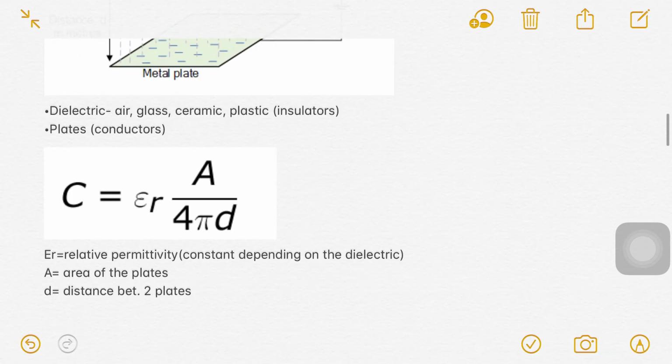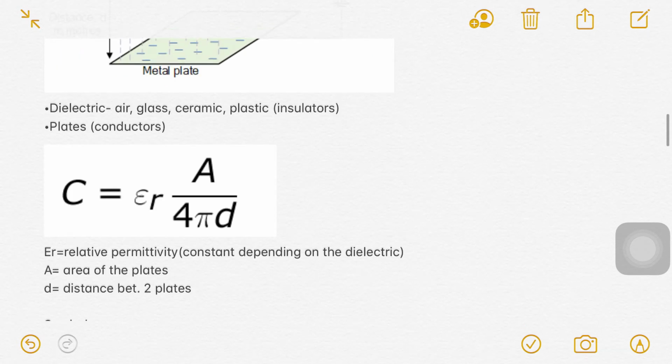Yung epsilon, yung parang ER, is what we call the relative permittivity. Yung value nitong relative permittivity na to is dependent sa dielectric na ginamit natin sa ating capacitor.